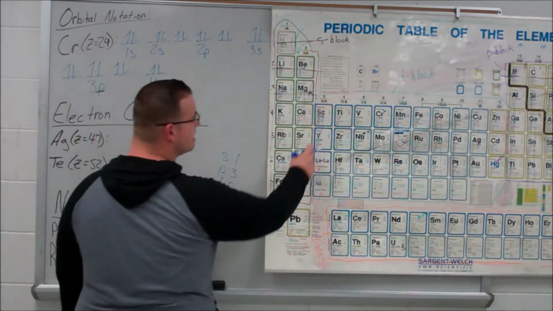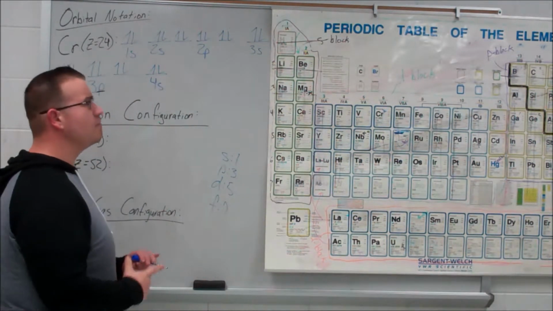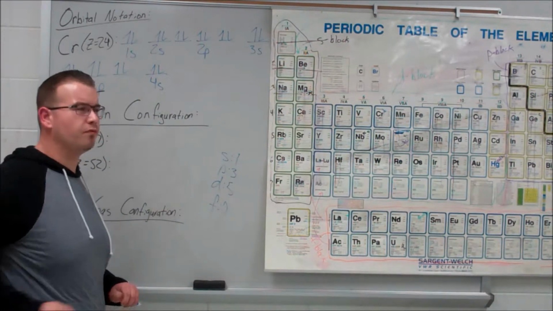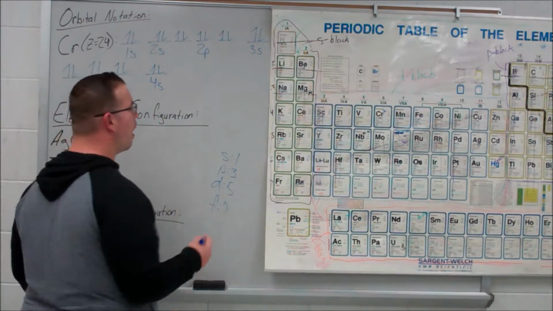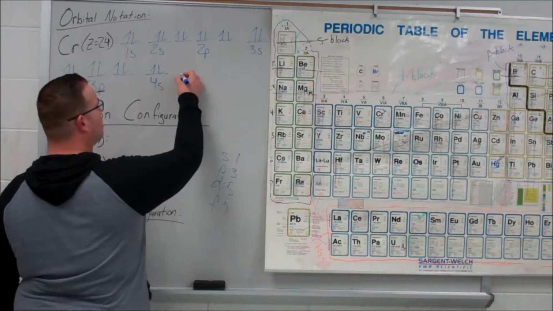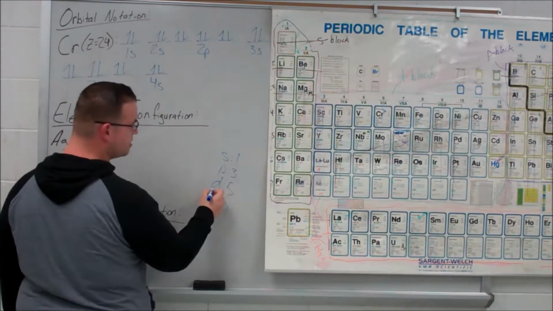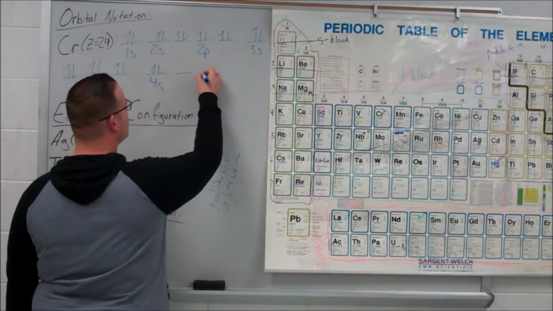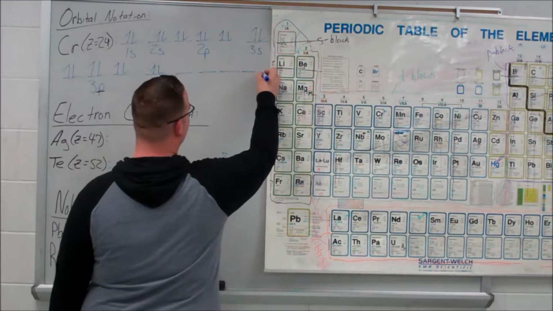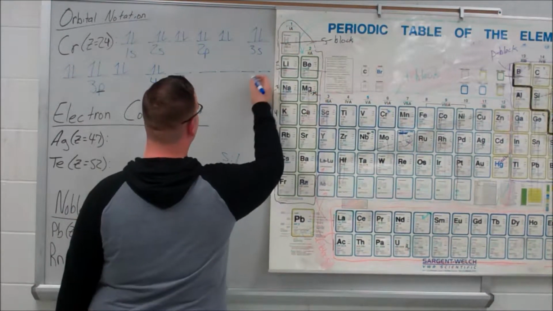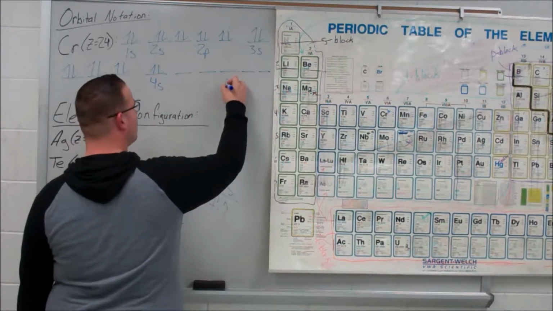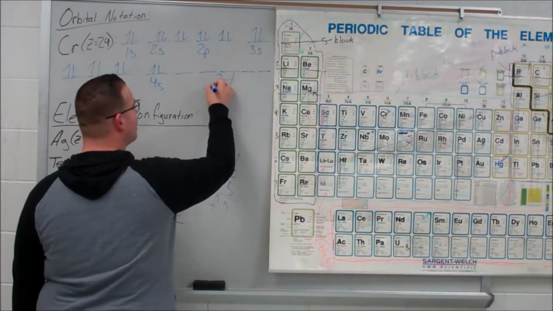Now you come into the D block, and you have to remember, what is the rule for the D block? You're always going to get the number by taking the row minus 1. So there are 5 orientations in the D block, so 1, 2, 3, 4, 5. It's going to be a 3D.